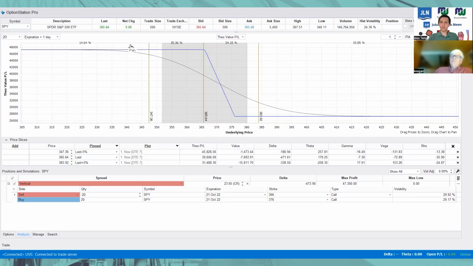Because when you have the short vertical call spread, you're kind of shorting shares of stock in an equivalent way. But to answer your question, I would probably throw another vertical on that was a bullish one against it.